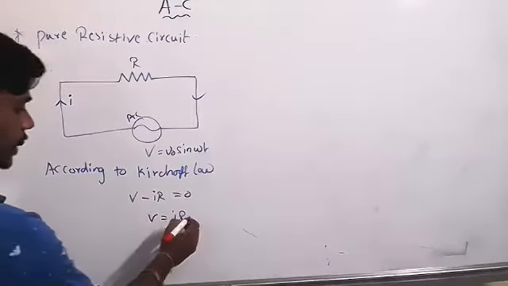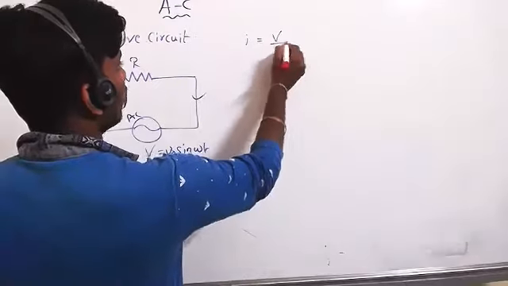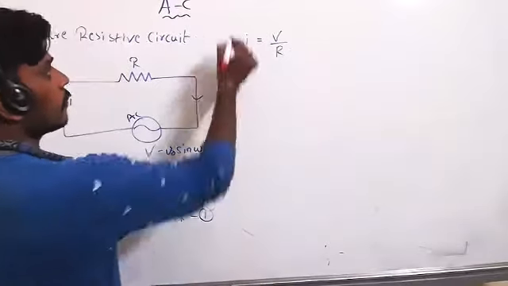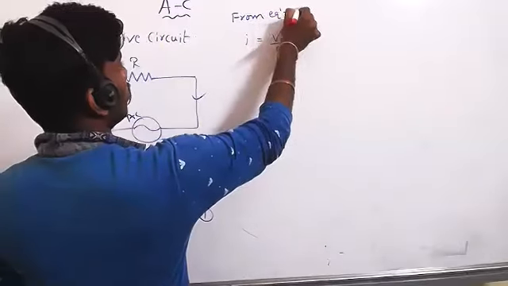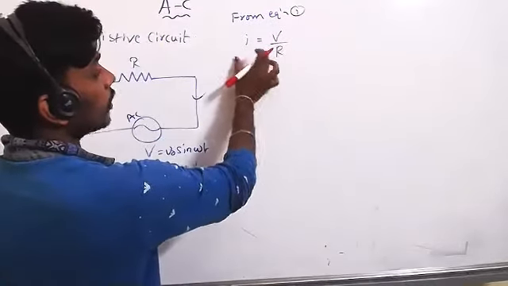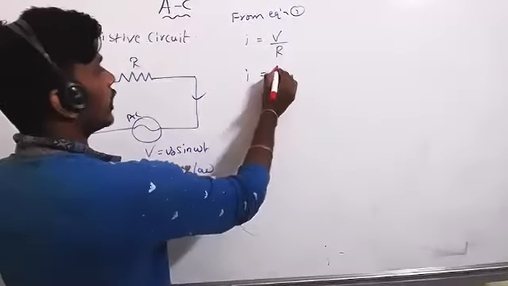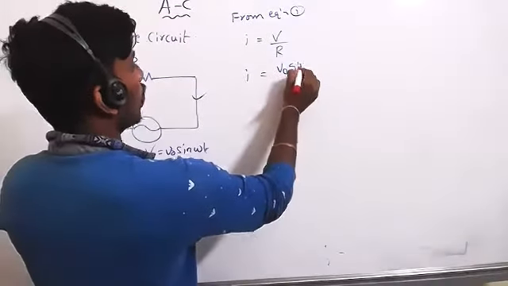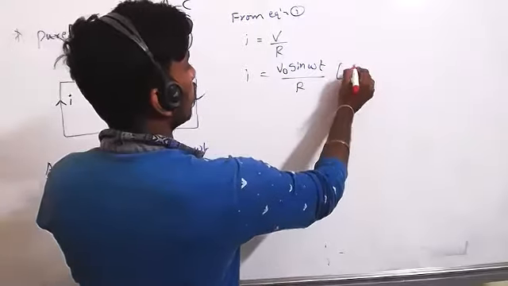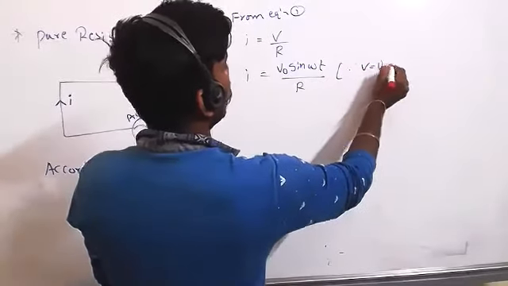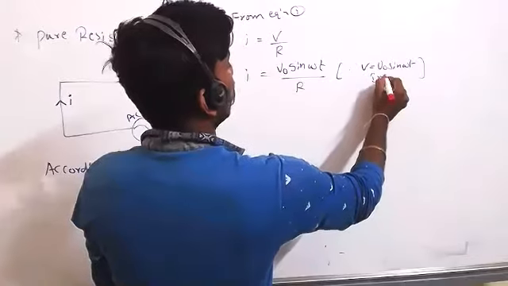It is equation 1. From equation 1, I is equal to V by R. We know that. V we have given as V naught sine omega t, so I is equal to V naught sine omega t by R. This is the input voltage.